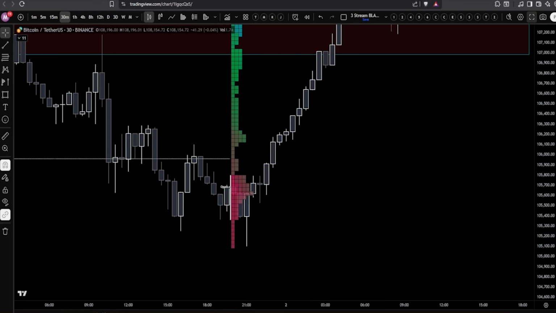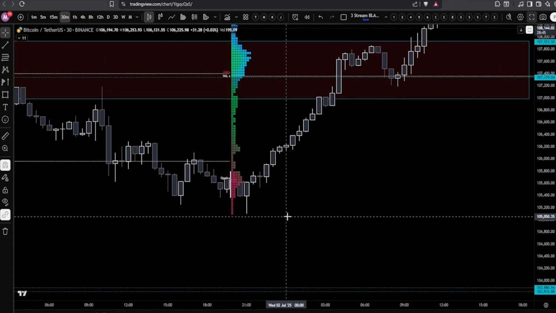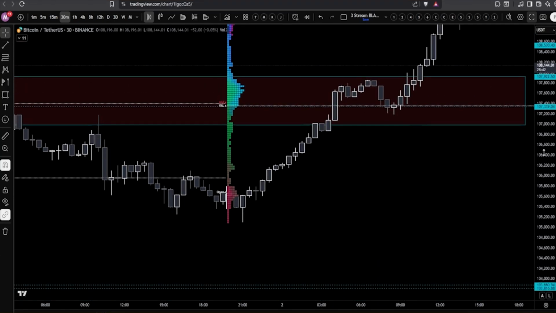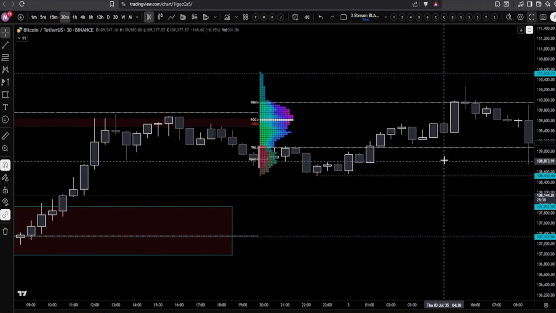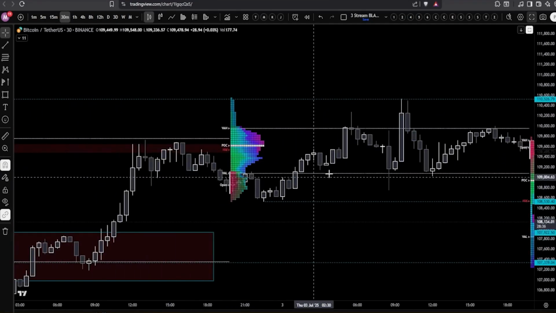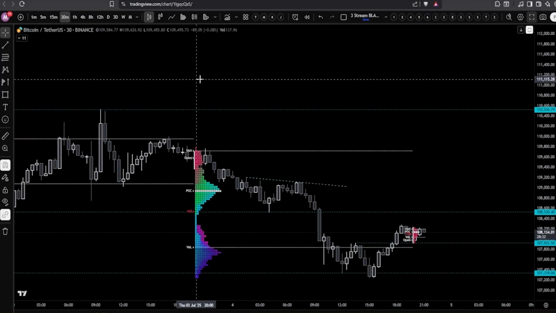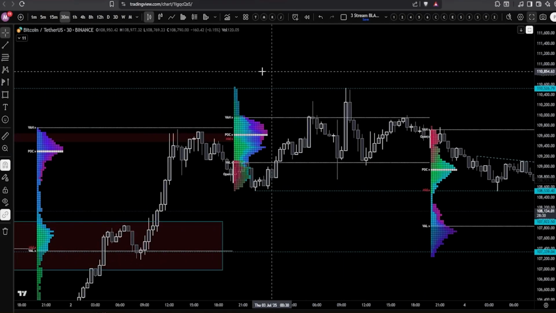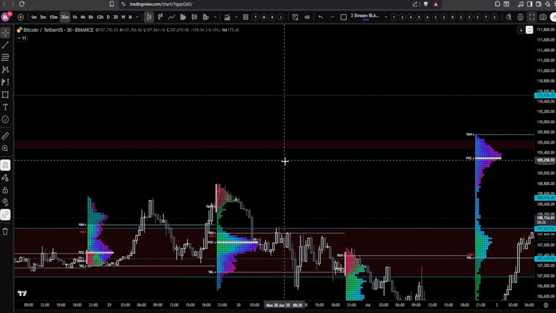That's technically poor, yeah. The more singles that you have at the highs or lows, the stronger it is. The more paired you have at a high or low, the worse it is, the more poor it is. I'm trying to look for anywhere that we have a couple of highs and lows that are pretty close.